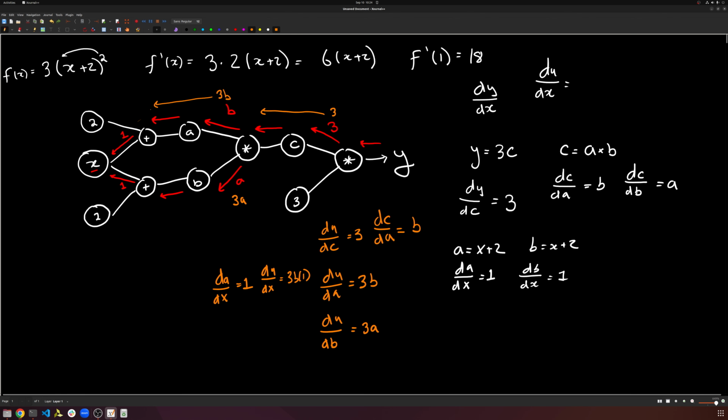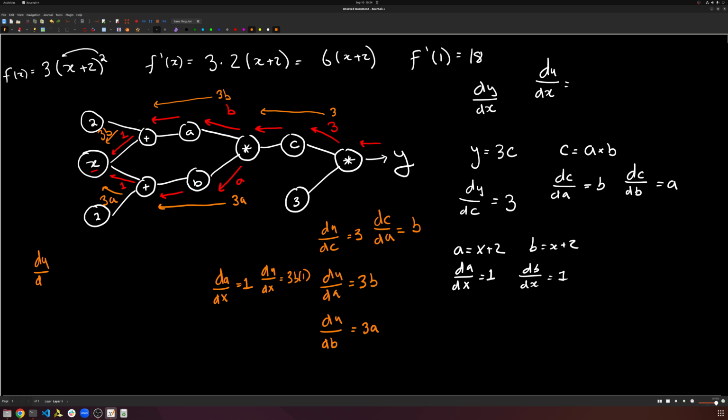So this here is again 3b. Similarly, this here is 3a. The important part to keep in mind when we're doing this is that all nodes that have multiple inputs, like x, we need to accumulate them. We need to add them together. So dy/dx is really equal to 3a plus 3b.